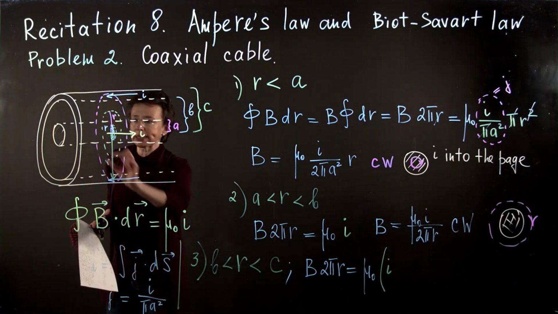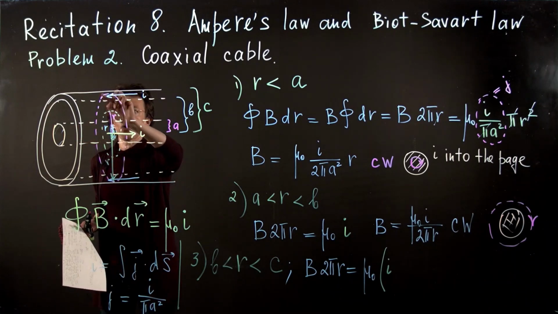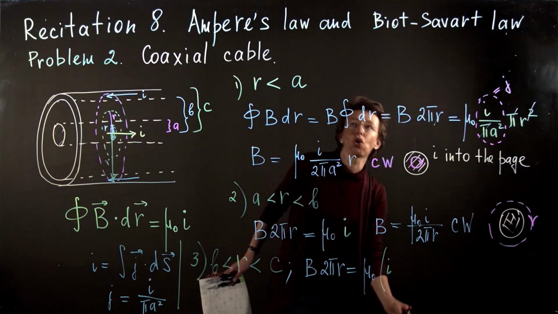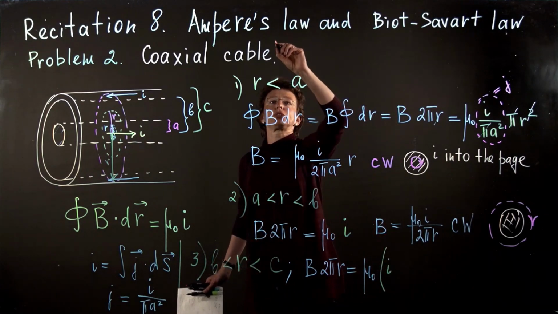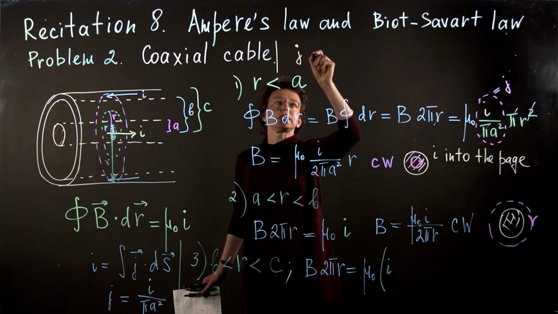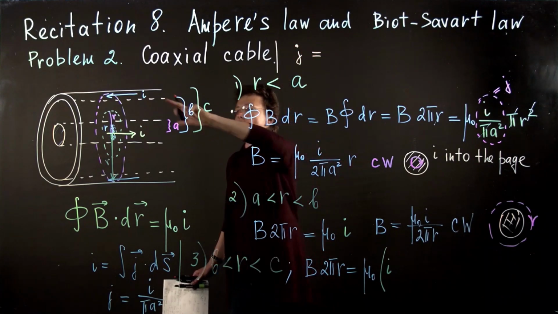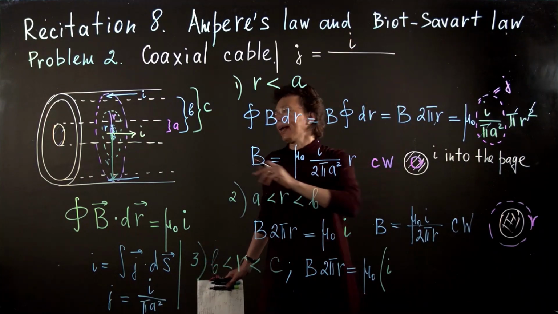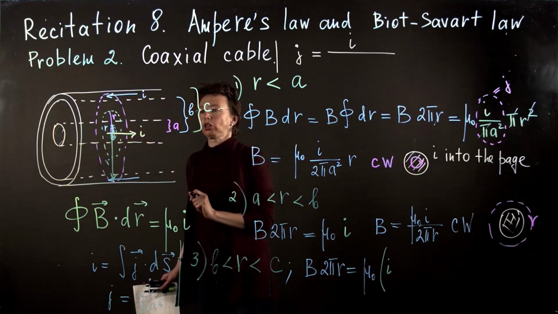So we found current density for this cylinder, and now I will find current density for the cylindrical shell. I will use orange, and I will do it right here. So, what is current density for the cylindrical shell? It is current I divided by the area of this cylindrical shell.